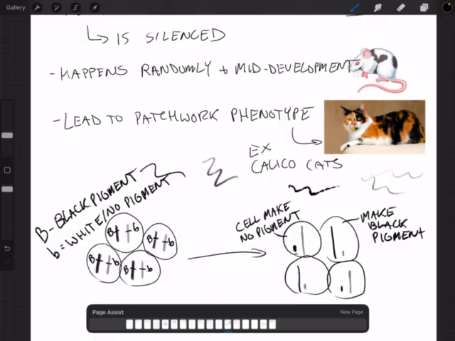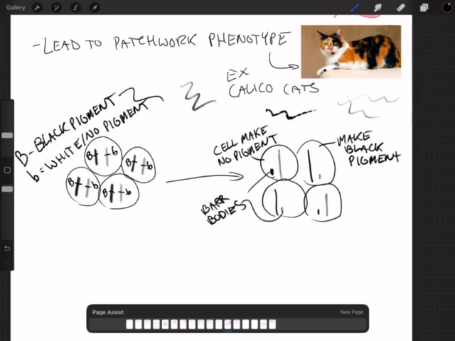Okay, these are bar bodies. And what you're seeing is random inactivation of a chromosome.